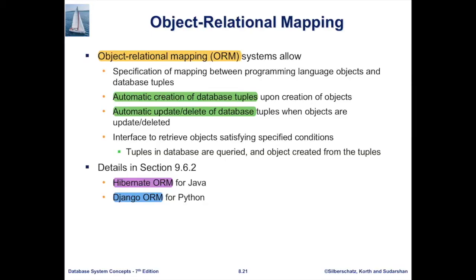For Python, we have Django ORM. If you want to know more about object relational mapping, you can read about it in section 9.6.2. Take note that for ORM, we don't need to provide SQL commands here, because what you only need to utilize is the creation of objects and the manipulation of those objects using the programming model.